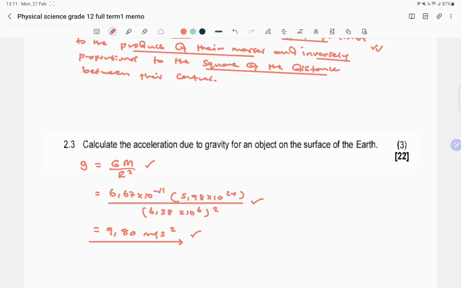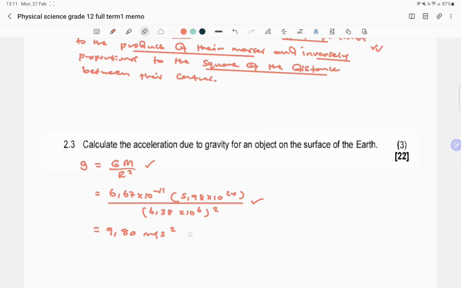Formula, substitution, answer. And by the way, the direction of the acceleration is very controversial at this point. If we're saying due to gravity, it is towards the center of the Earth. I guess that is the most important direction you cannot forget in a vector.